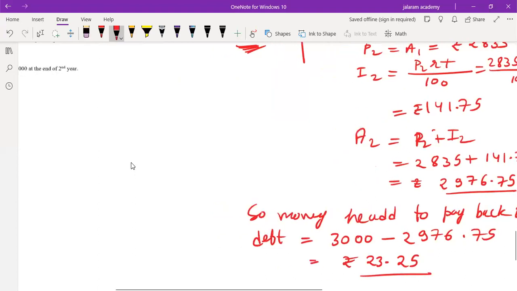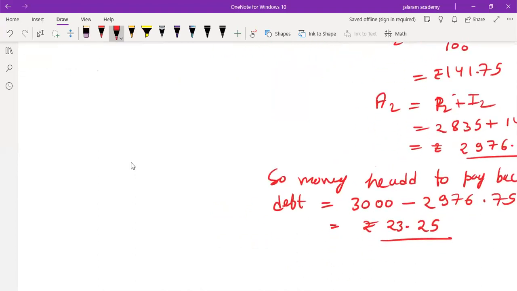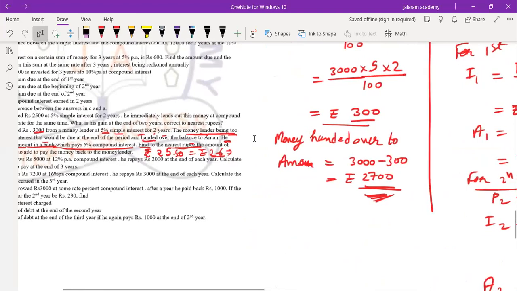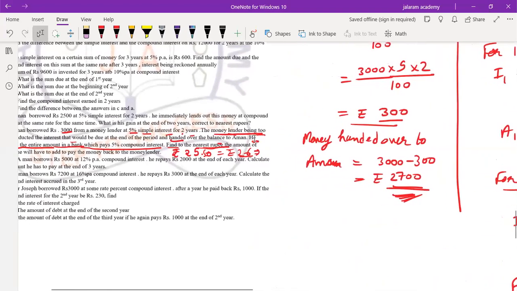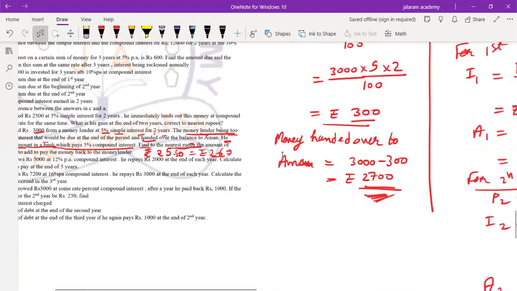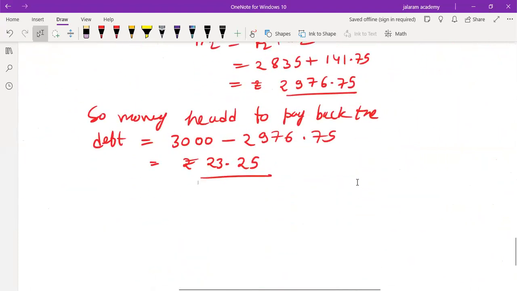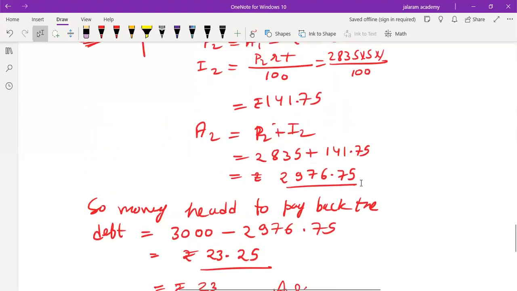Means he has to pay rupees 23.25, and we have to find it in nearest rupees, I think. So he must add rupees 23.25, and in nearest rupees only rupees 23. 25 paisa we will leave.